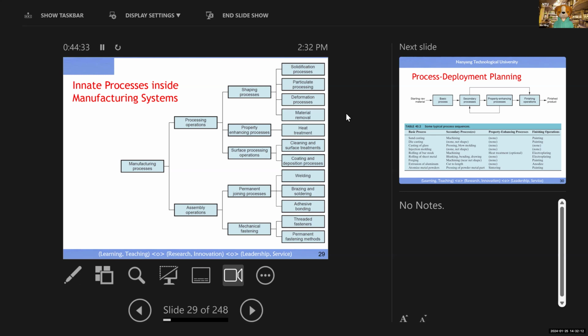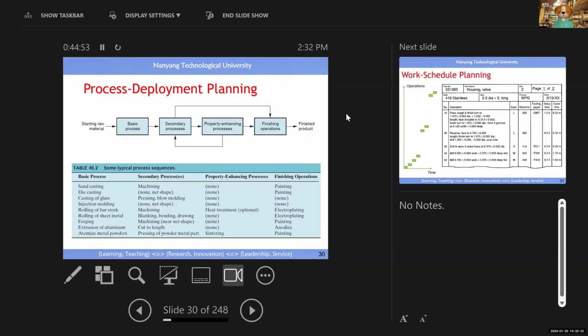Solidification is very popular, deformation is very popular, material removal is very popular, right? Welding is very popular, and then assembly is also very popular. These are the major processes for you to know.